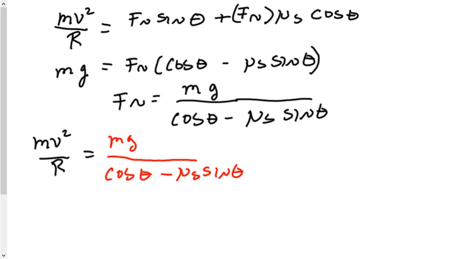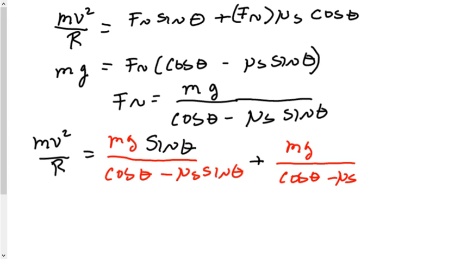On top then we have sine theta, plus, I'm going to again plug in force normal from this expression. That'll be mg divided by cosine theta minus mu s sine theta. Completing that, there's going to be a mu s cosine theta here.